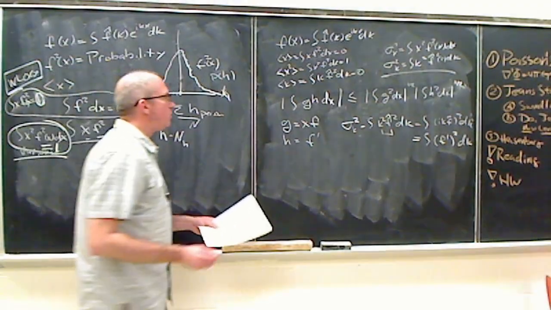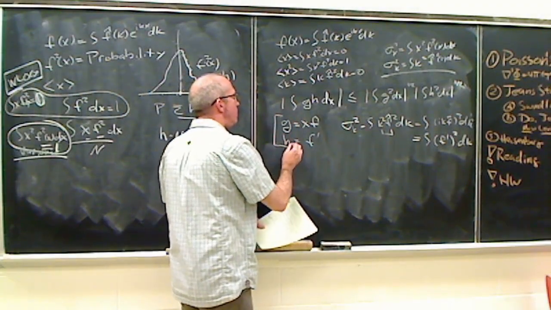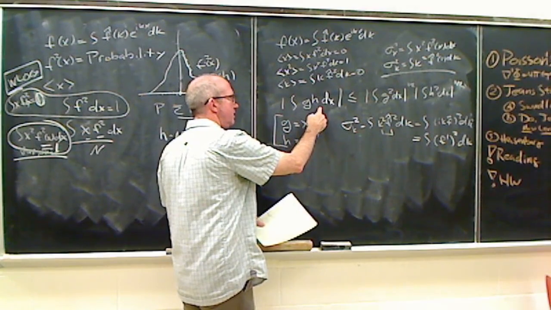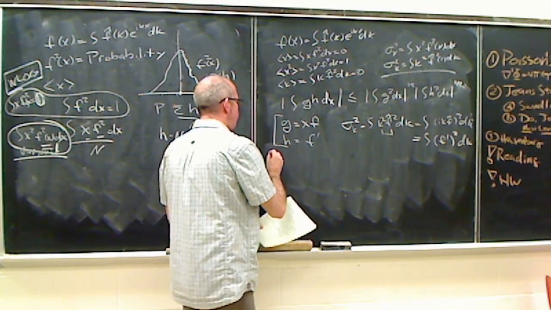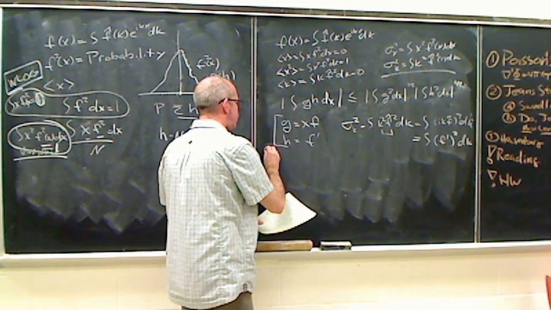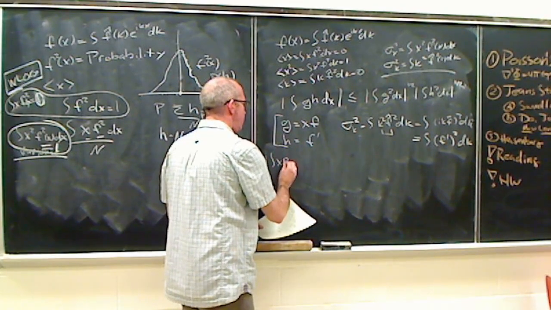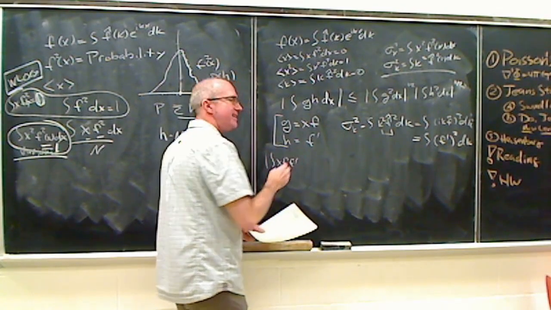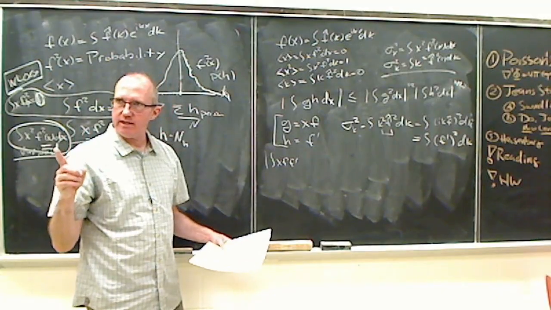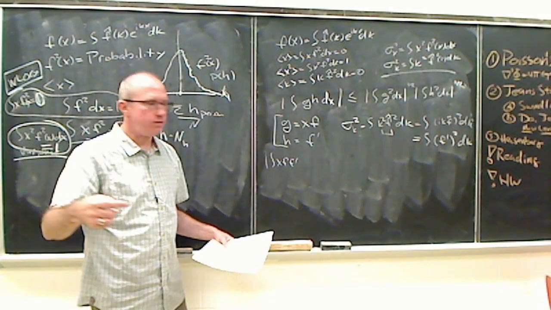Then we take these two test functions and plug them into the triangle inequality, and I'm left with the integral of x f prime dx. This is a thing I'm inventing because I'm going to need it, because it will turn into things that I do want.